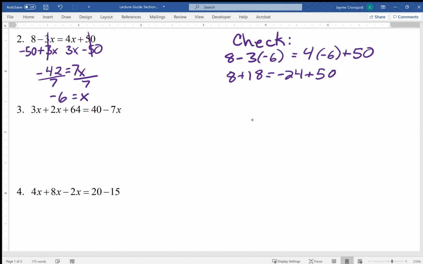Well, let's see. 8 and 8 is 16, plus the 1 is going to be 26. Okay, and 50 minus 24 is going to be 26. There we go. Check. So now we can box our answer.